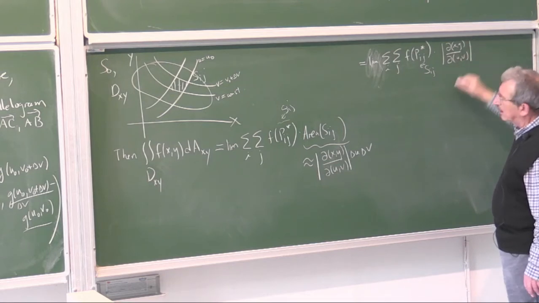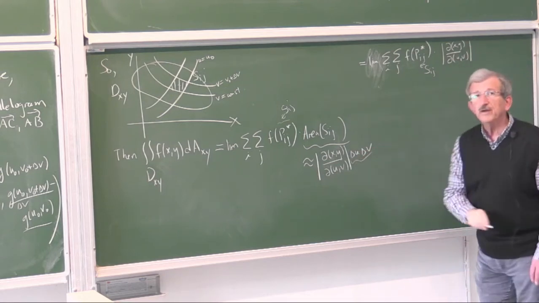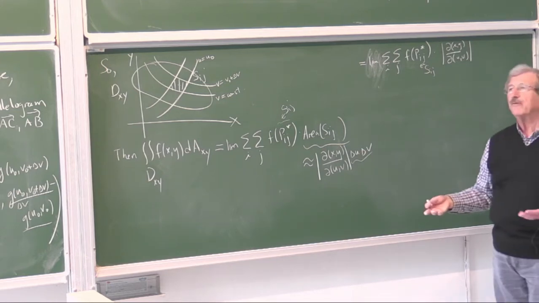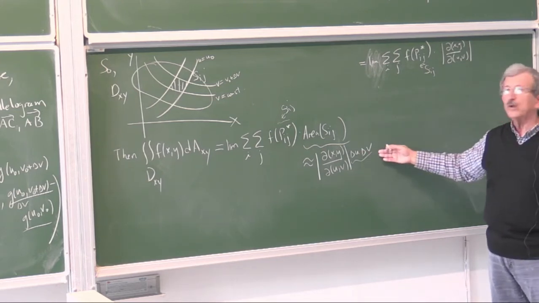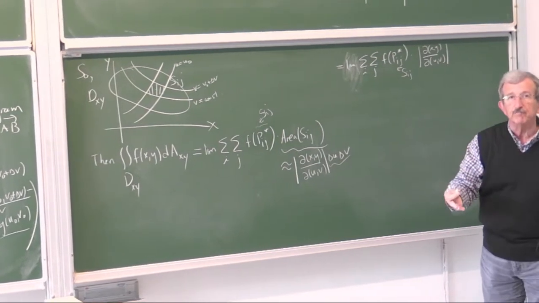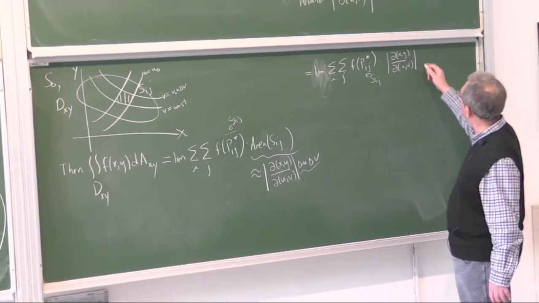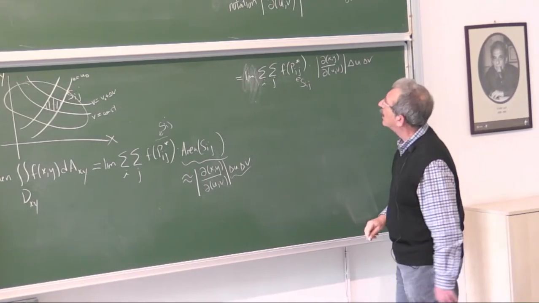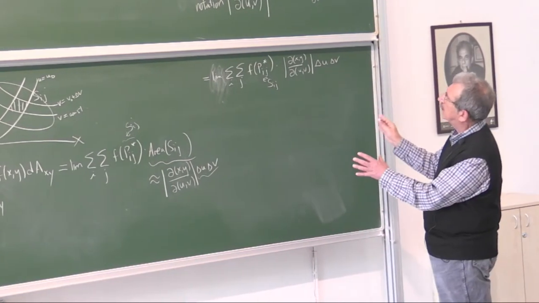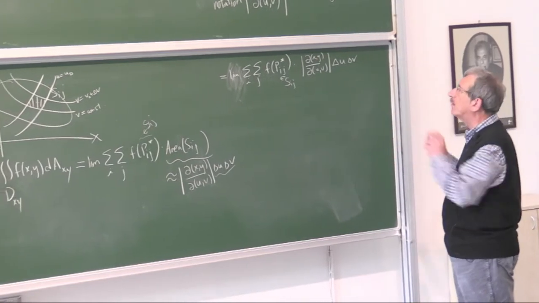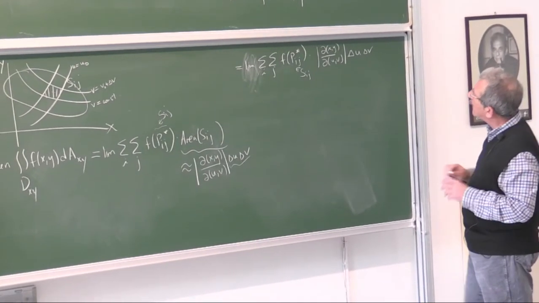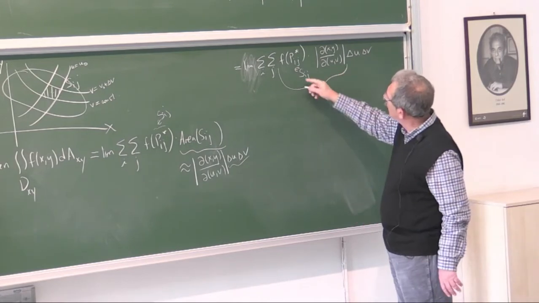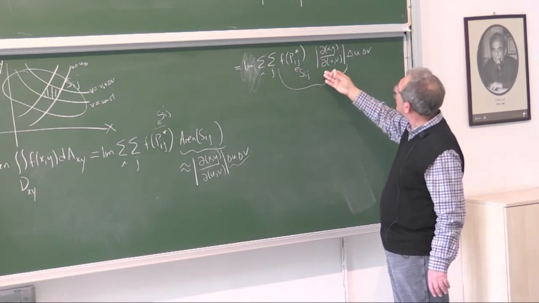Now, delta u, delta v is the area of the rectangle with sides delta u and delta v in the uv system. When we look at this limit of double sums, we see that we can think of this as a new function of u and v.